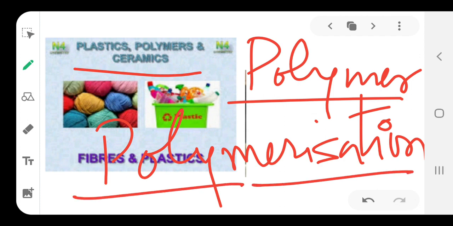Just write it down. We will deal with these terms as we proceed, and we will see how they are related to plastics and synthetic fibers.